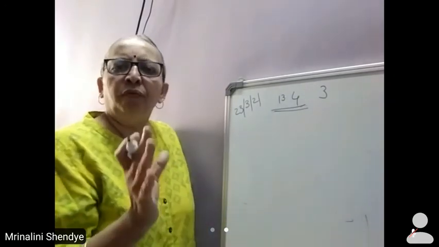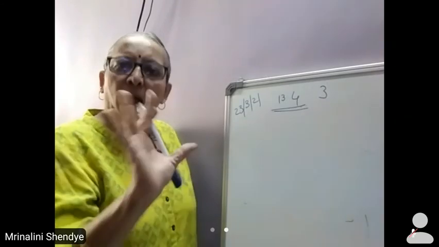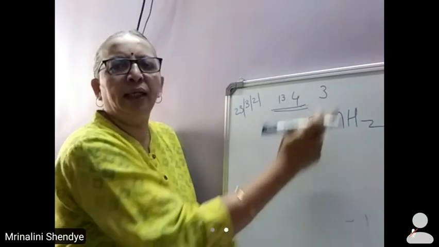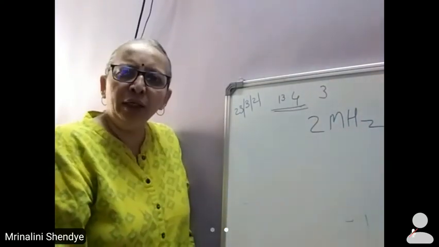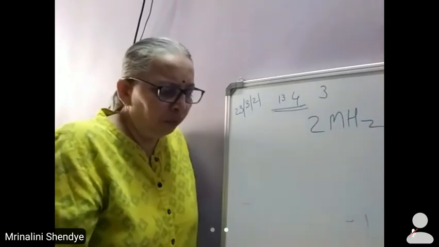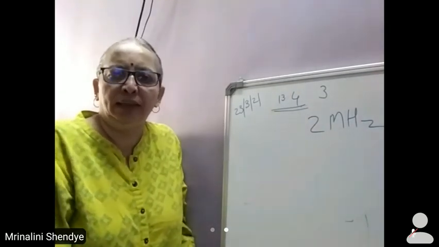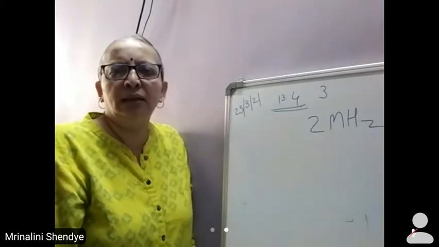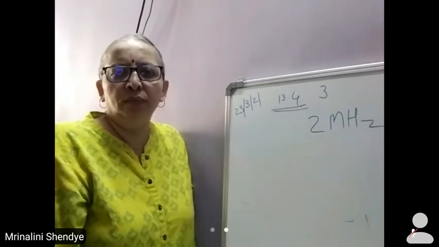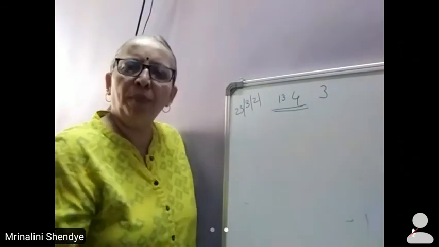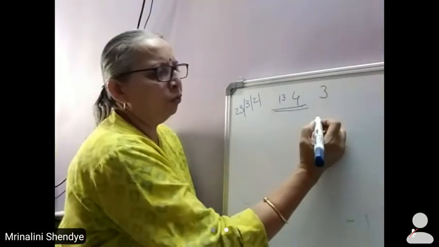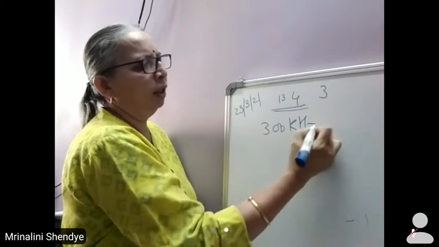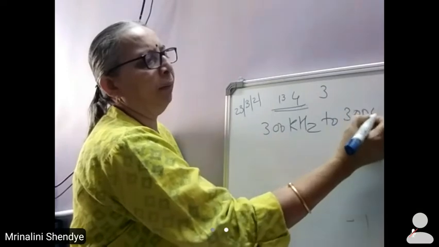Radio waves whose frequency is up to 2 megahertz, that is 2 into 10 raised to 6 hertz, are used for the first basic mode, which is called ground wave propagation or ground wave mode. It is also called surface mode. उसको सरफेस प्रोपगेशन ऐसे ही बोला जाता है. Frequencies of radio waves are from 300 kilohertz to 30,000 मेगा किलोहर्ट्ज.